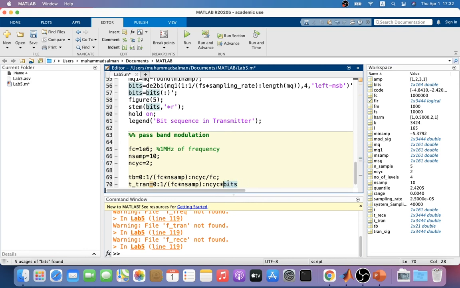So let's say, I should not say the bits, because bits is the vector, right? Or it is an array which contains many bits. So I should say the size of the bit or the length of bit.